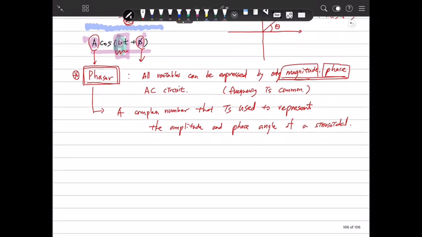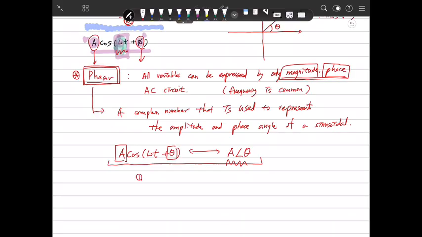If some variable is, for example, A cosine(omega t plus theta), then it can be expressed using only the magnitude and phase in this manner. To define the phasor, we have some rules.